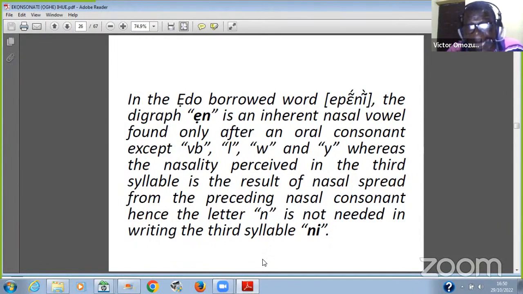Hence, the letter N is not needed in writing the third syllable. So you don't need to add N after the NI there.